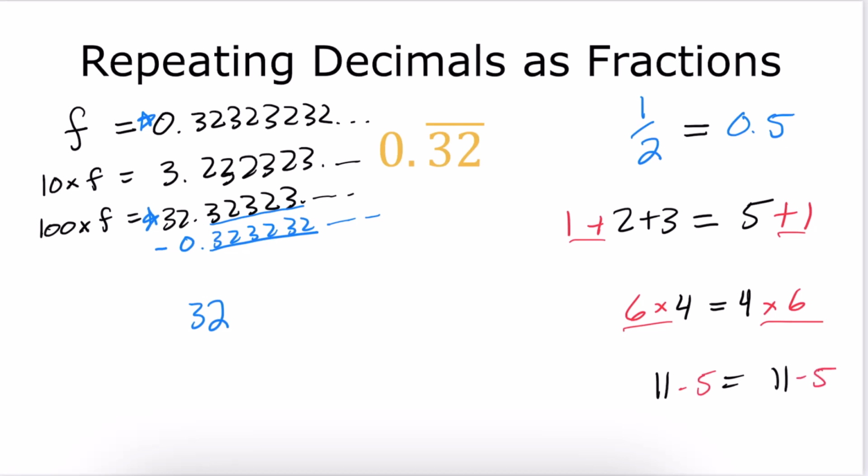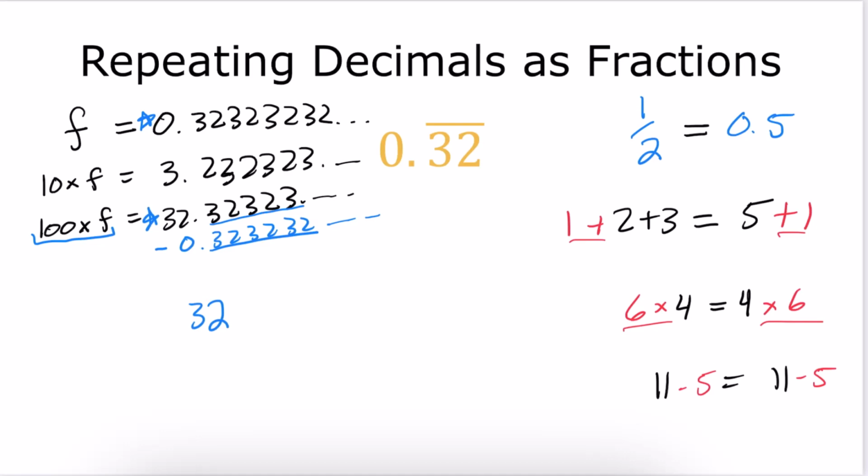And so it seems reasonable that we could subtract this decimal from the 32.323232, as long as we also subtract it from the other side. However, this is going to be really messy because I don't even know what f is. So I definitely don't know what 100f is.